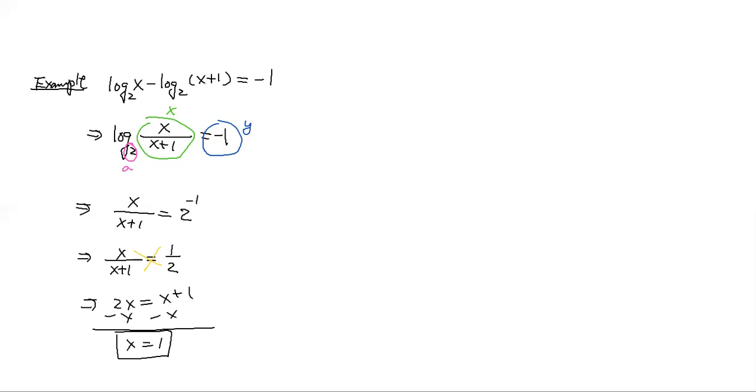Okay, so let's see here. Let's take a look at our next example. This one here is natural log x plus natural log 2x equal to 5.